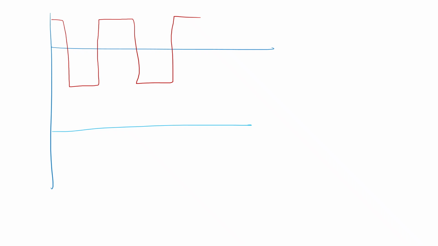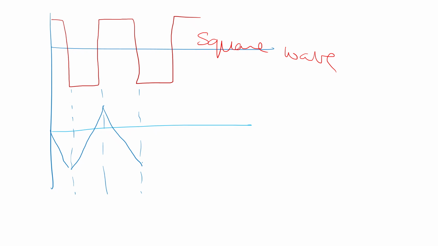Thus, it can convert a square wave into a triangular wave. We can draw vertical lines like this and show the output of the integrator. Triangular waveforms are generated in this manner.